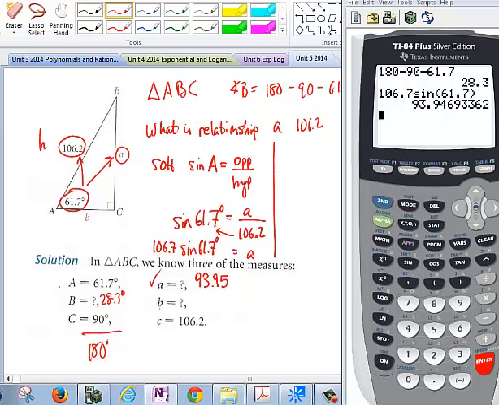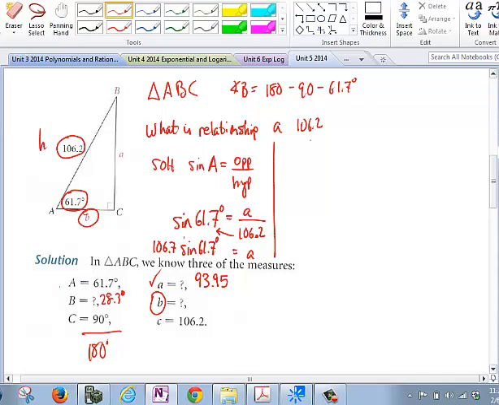Now let's find side b. I'm going to clean up my drawing, and it's important to remember that I'm going to use the given information: my angle, my side, the hypotenuse, and now the adjacent. Hopefully you can see that the trig ratio that deals with side b, the hypotenuse, and the angle is the cosine ratio, because the cosine of angle A is the adjacent side b over 106.2.